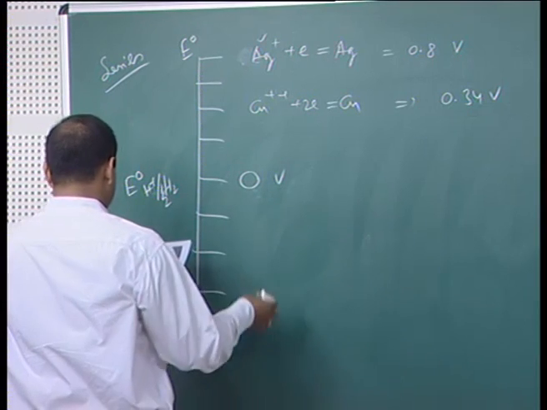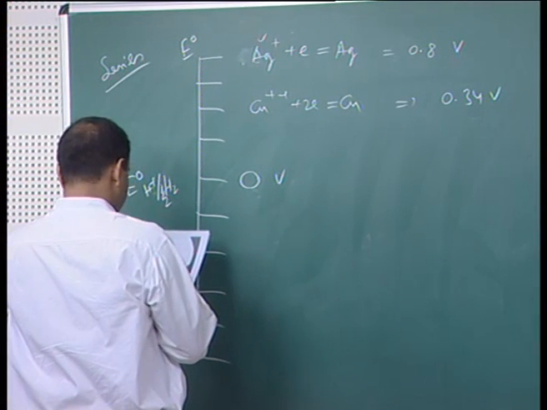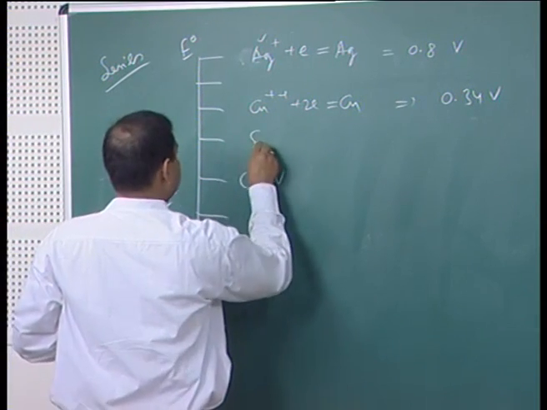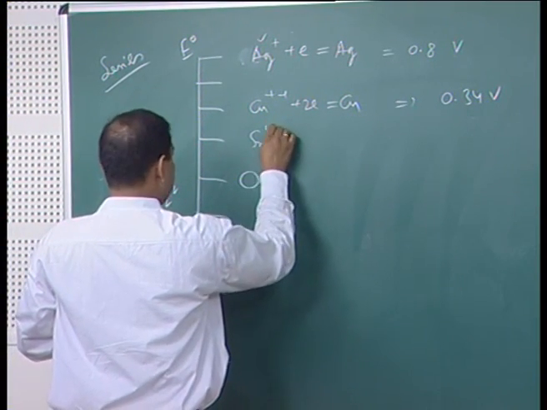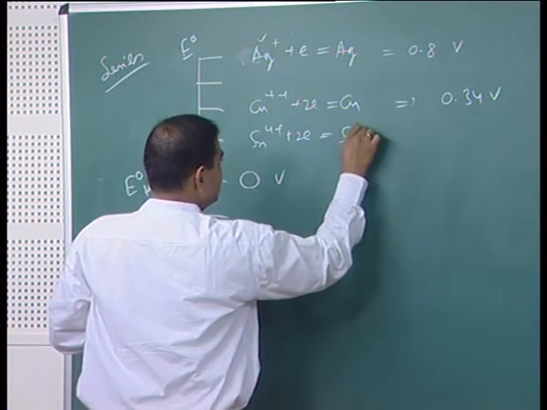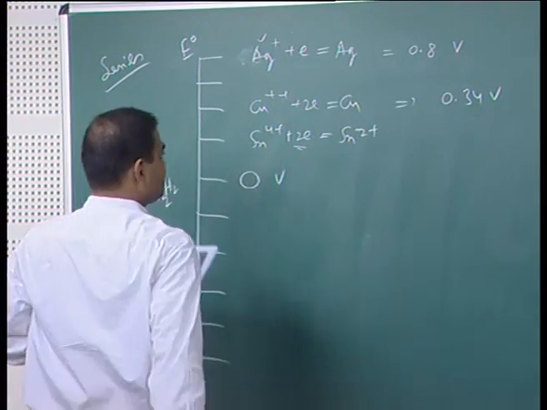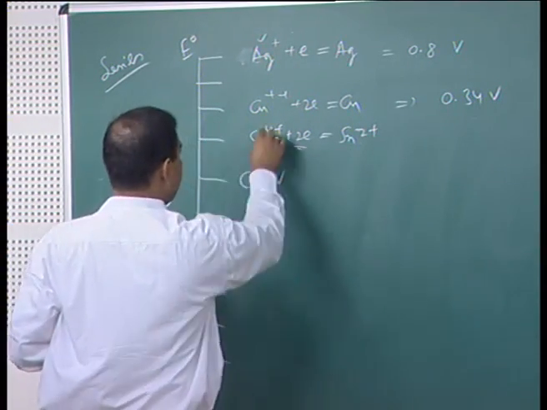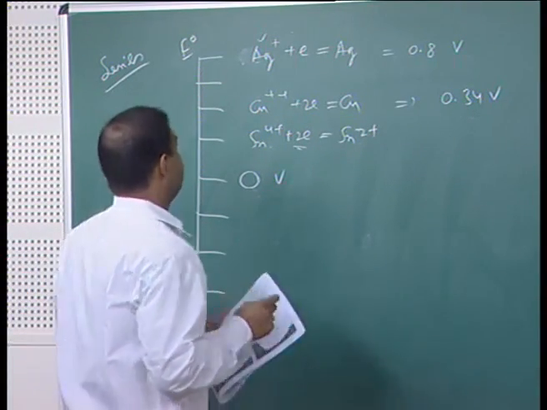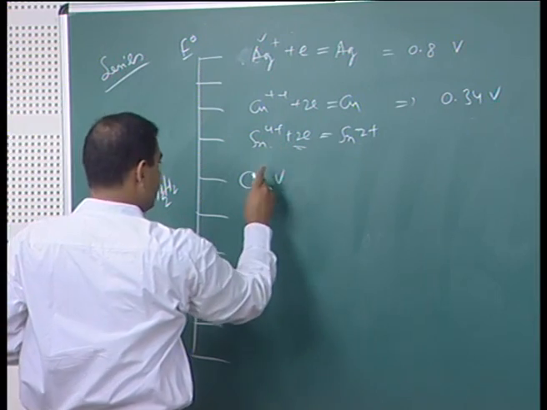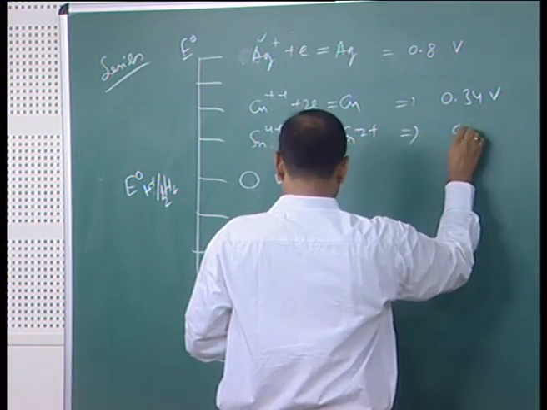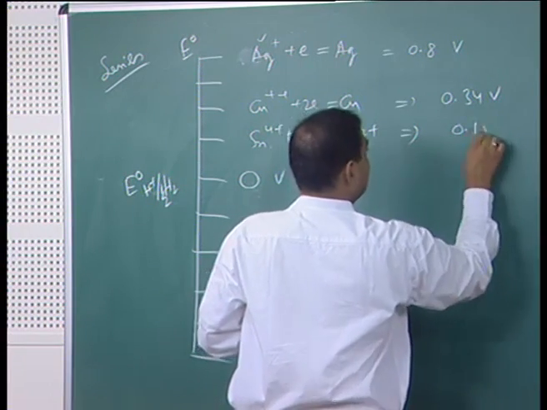Now you can also find out for, let us say, Sn 4 plus plus 2e going to Sn 2 plus. This is also a reduction process, and you have to maintain these two ion concentrations at unit activity. In that case you would get E0 for this reaction equal to plus 0.15 volt.